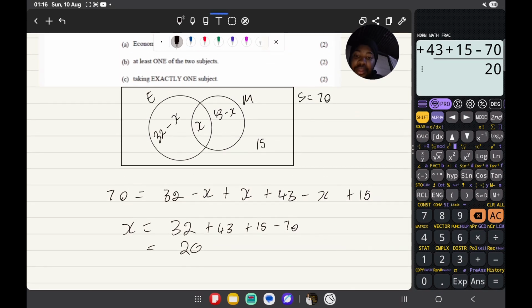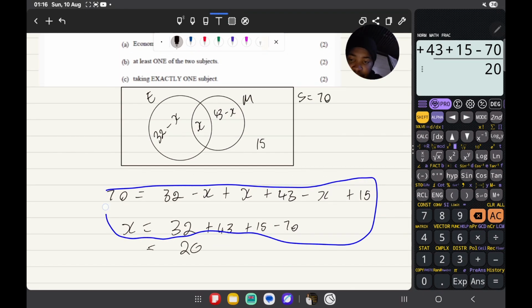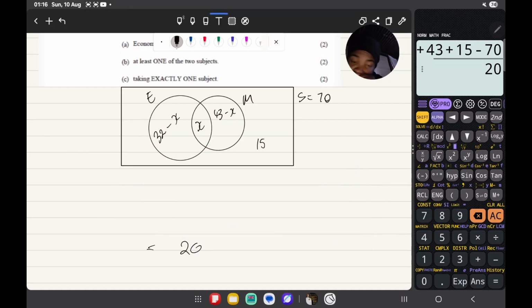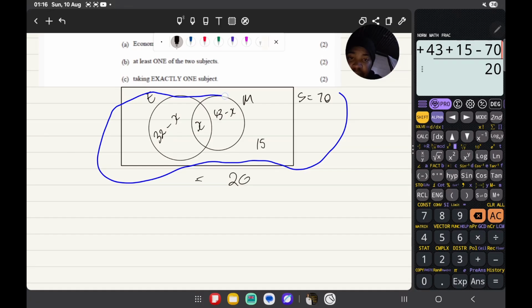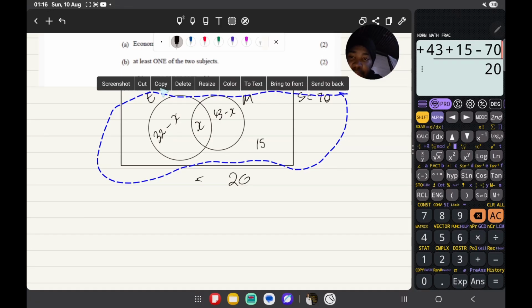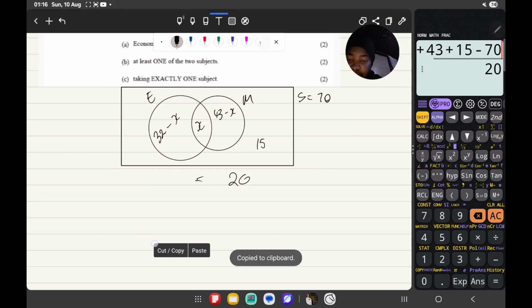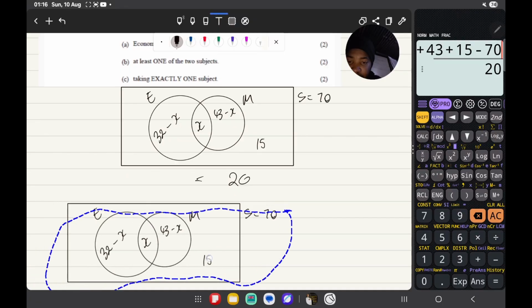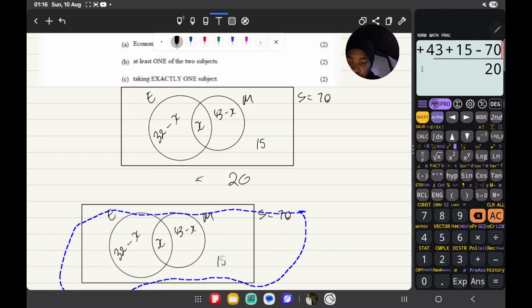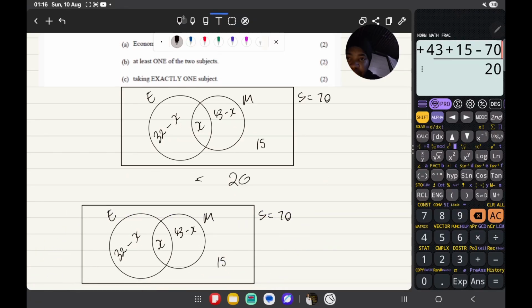So on the second question, when they say now draw the Venn diagram to illustrate the information above, with this information what I will do is bring this closer to say that is x, and copy this one and paste it here.